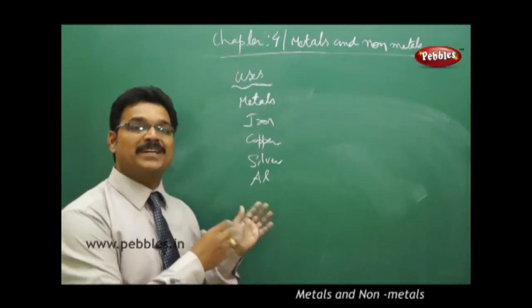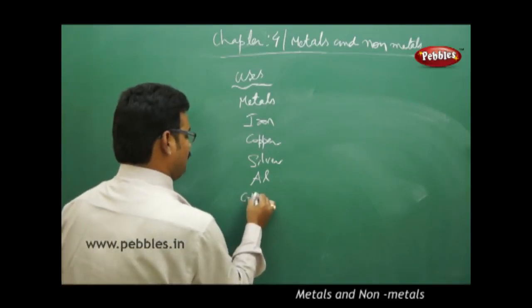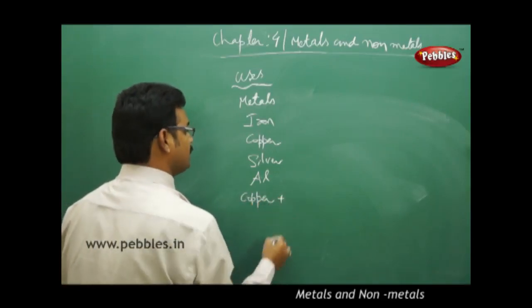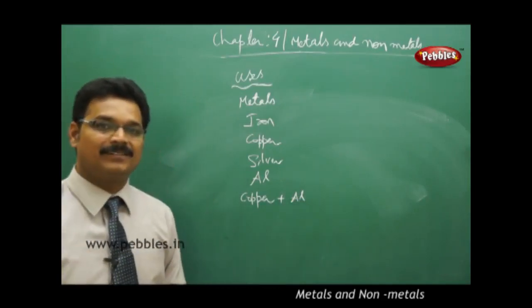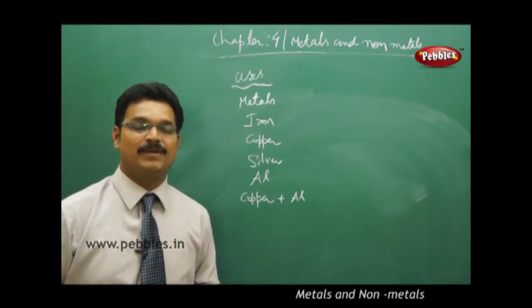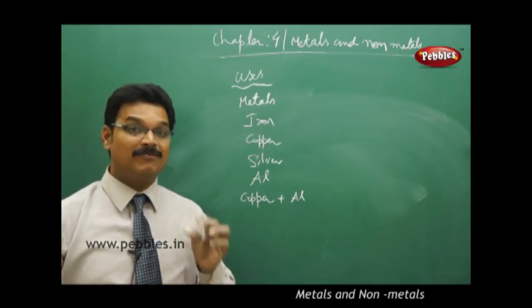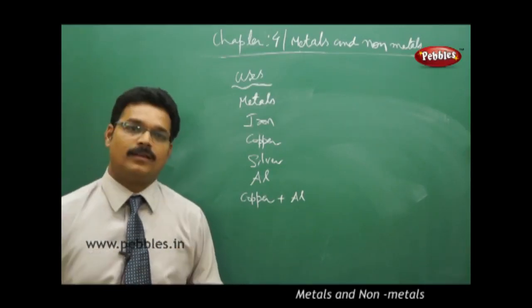So it is used for packaging food. Now, if you take a copper and aluminium mixture, these are used in making coins, making medals, making statues.